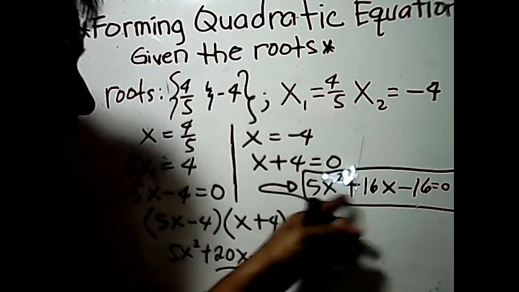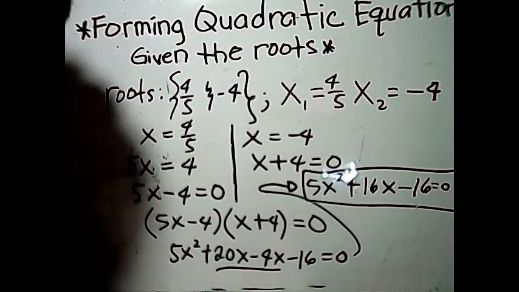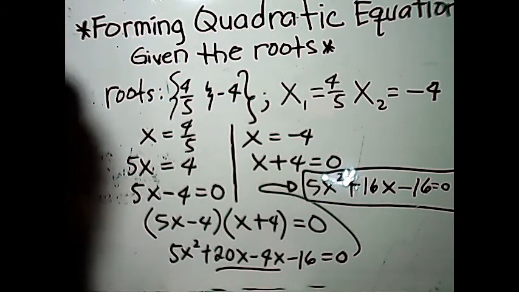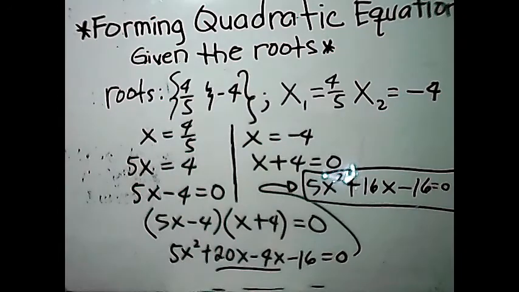If there are common factors, then you're going to reduce to lowest terms. Okay? So that's it. I hope you understand. Now in forming a quadratic equation given the roots, the resulting quadratic equation is in the standard form.